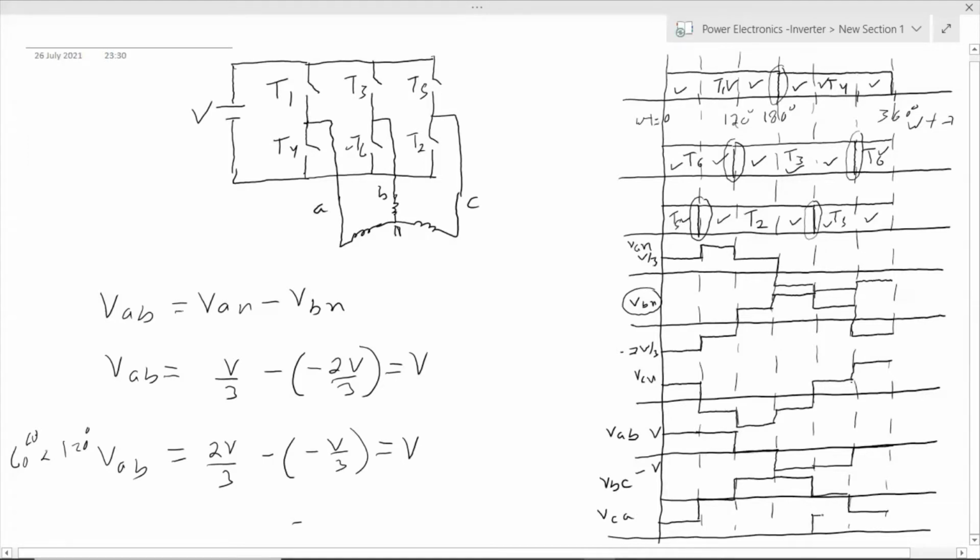So this is obvious that this will come, and this will be like this. So this will be VCA. So these are the three line voltages which are developing.